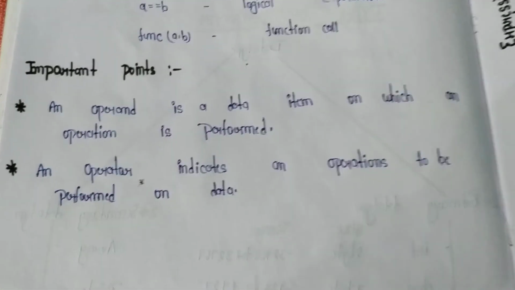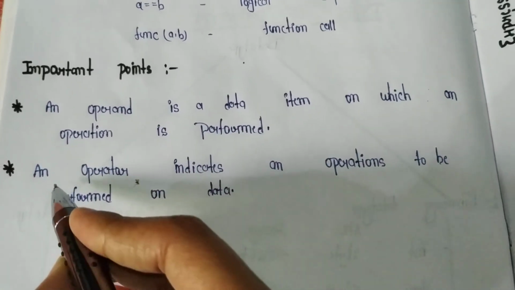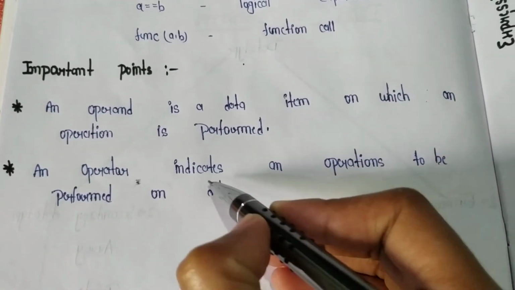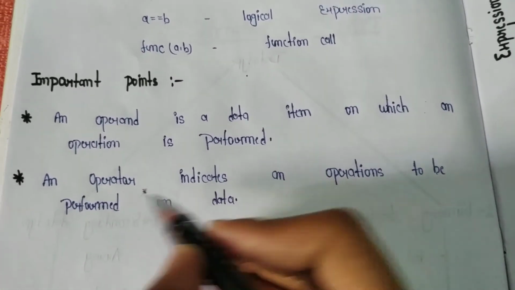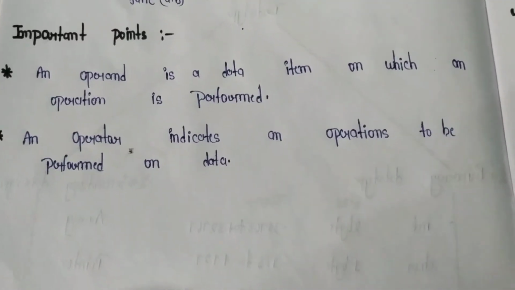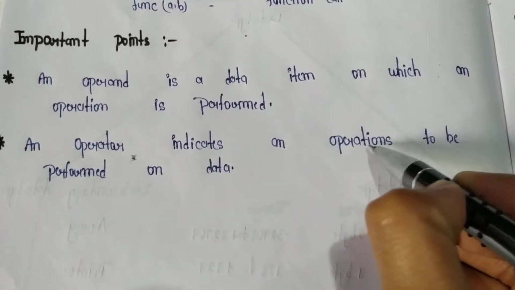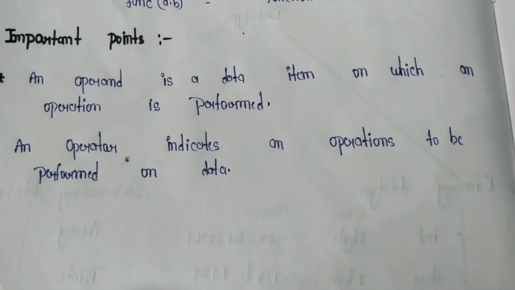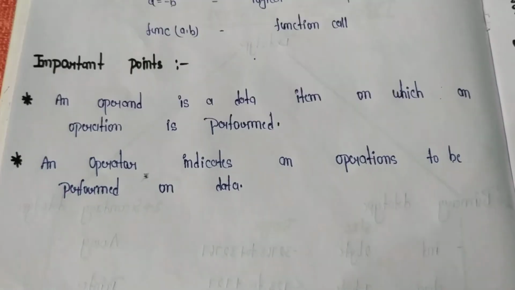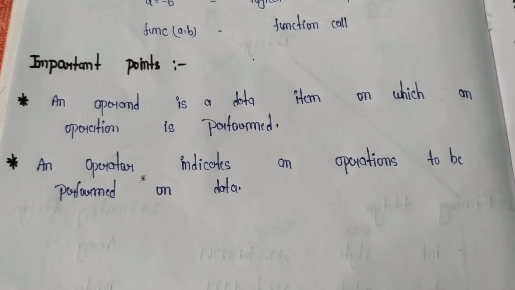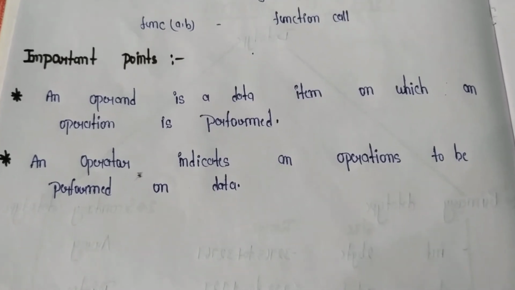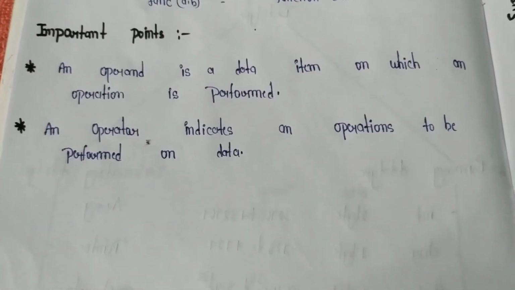Clear? And the next one: an operator indicates an operation to be performed on data. Means the operator directs what operation to perform on the data or instructions. Clear? And after the processing of instructions, we get our information in the form of output.